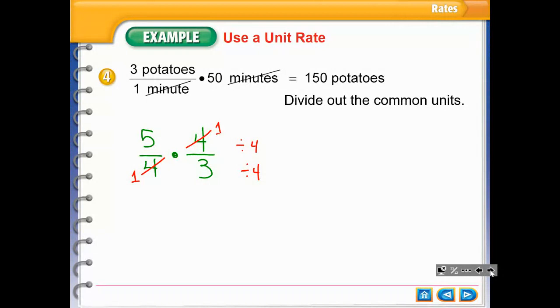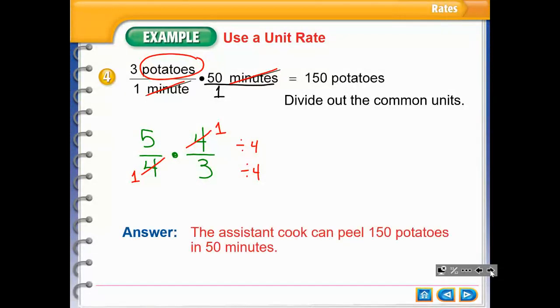Well, just as numbers can cross-cancel, so too can units. If I were to place 50 minutes over 1, not give any units at all, we can see very quickly that minute will cross-cancel with minute, leaving us with what? Only potatoes, which after all is what the question asked. In this case, 150 potatoes in that amount of time.